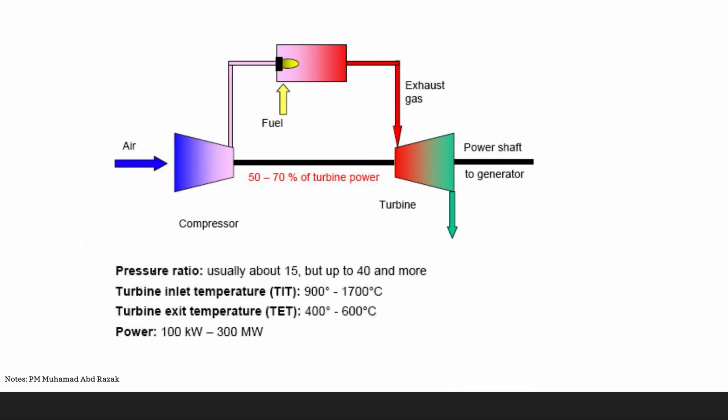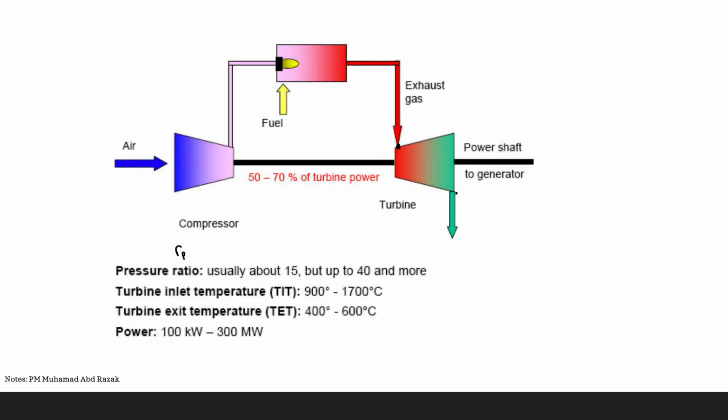Now we go to this slide. First thing first is pressure ratio. Pressure ratio is represented with Rp. The pressure ratio for this cycle is usually up to 15, but it can go up to 40 and more. Turbine inlet temperature, TIT, can be between 900 to 1700 degrees Celsius.